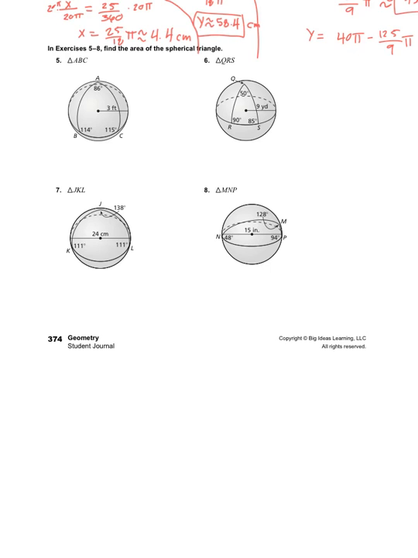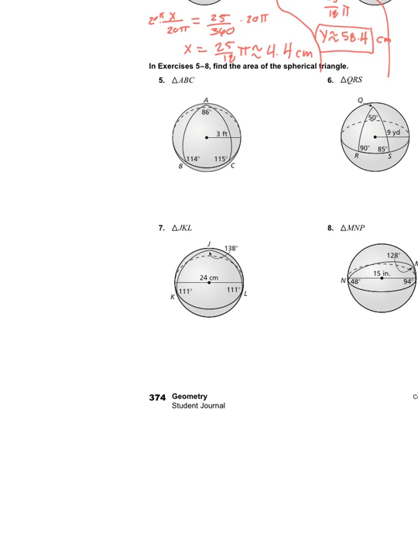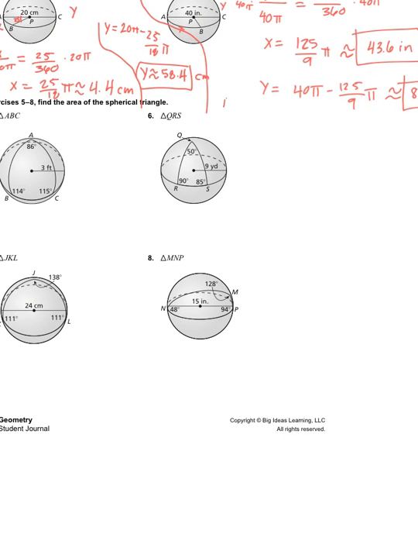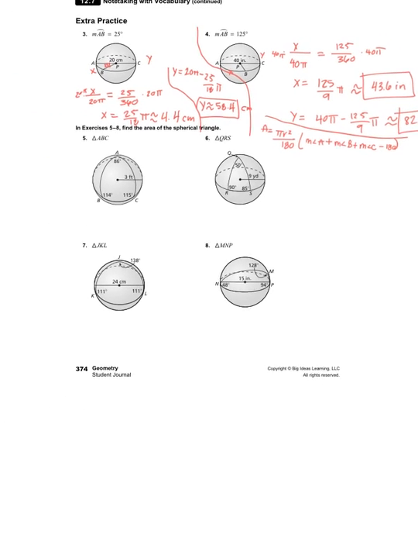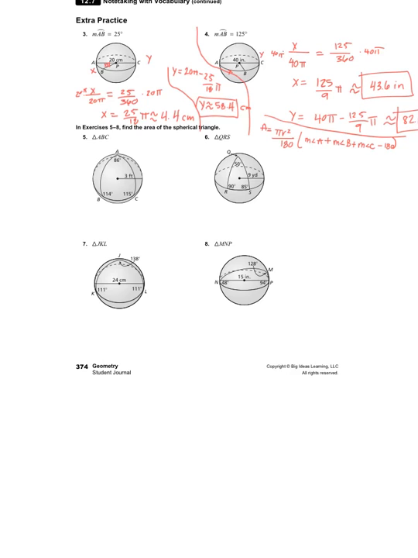My area of a spherical triangle is going to be pi r squared over 180 times measure of angle A plus measure of angle B plus measure of angle C minus 180 degrees. So we're just going to simply use that formula to find each of these spherical triangles.